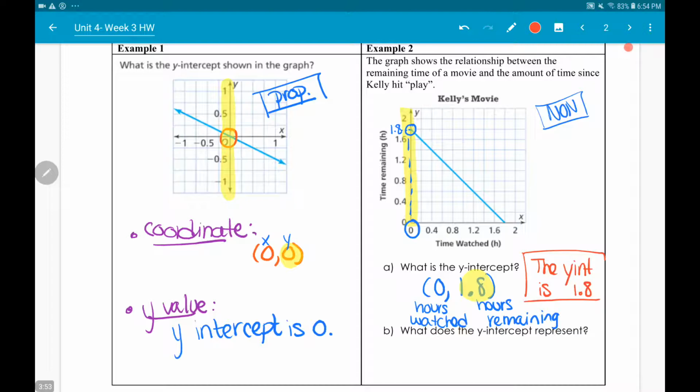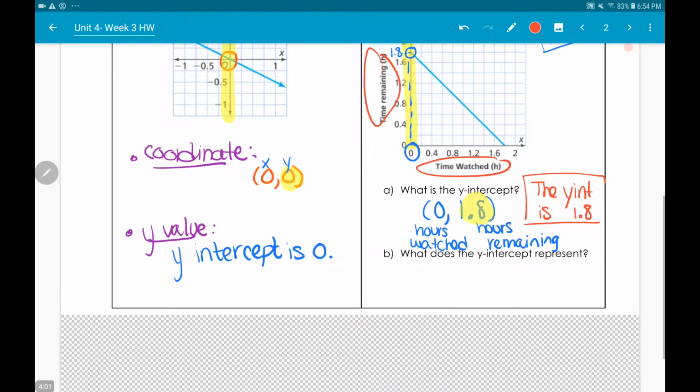All right, and what does the y-intercept represent? The reason why I wrote those units from our axis in that coordinate is because I want to know what it represents.